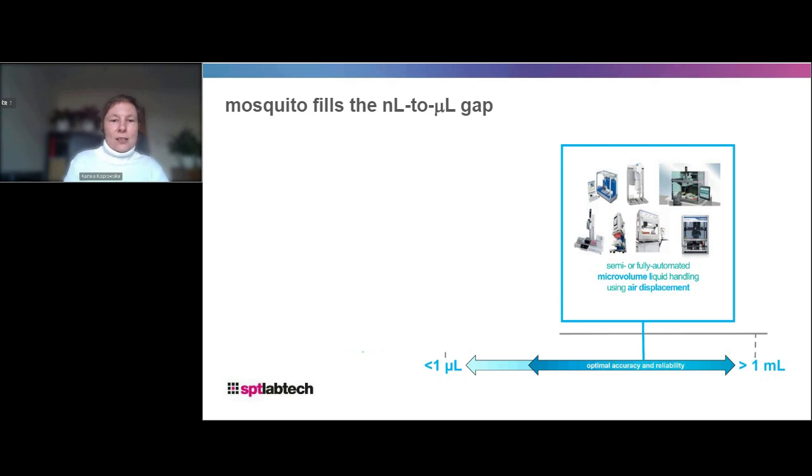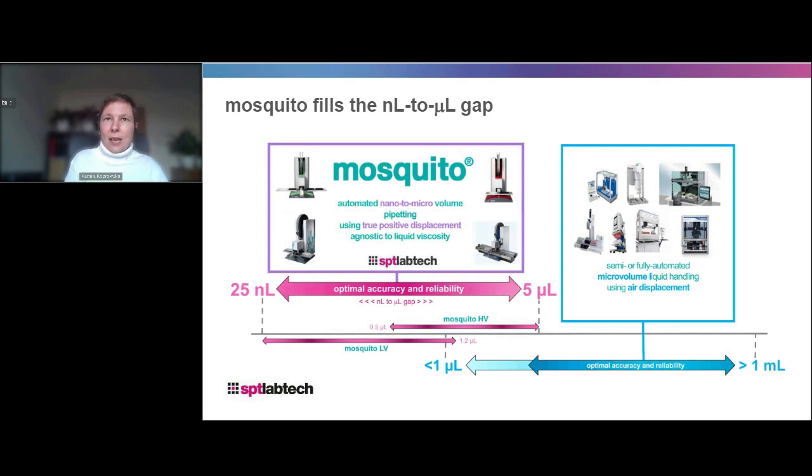Where Mosquito is, it's filling this gap between the picoliter or nanoliter dispensers and the air displacement pipetting solutions. So its optimal accuracy and reliability is between 25 nanoliters up to 5 microliters, perfectly fitting into this existing gap.